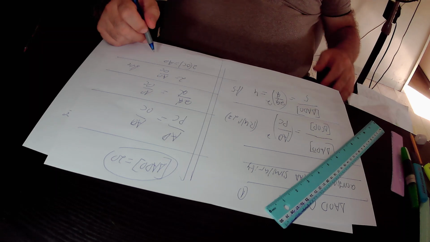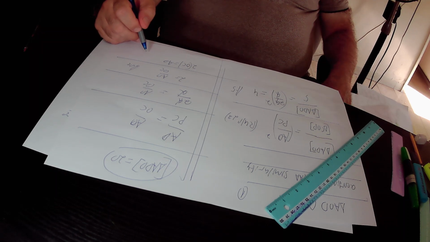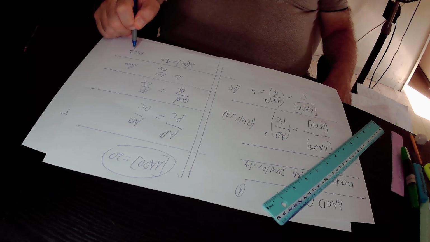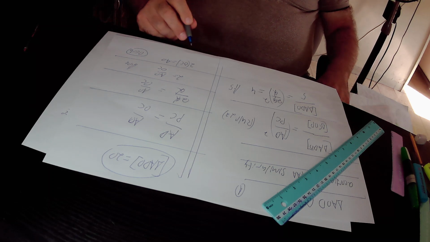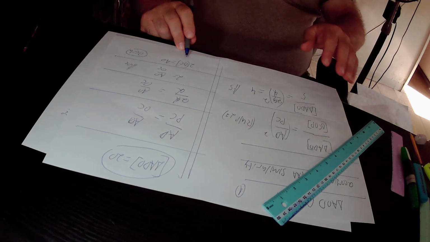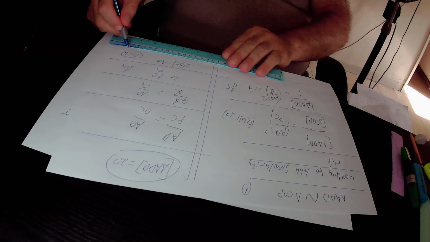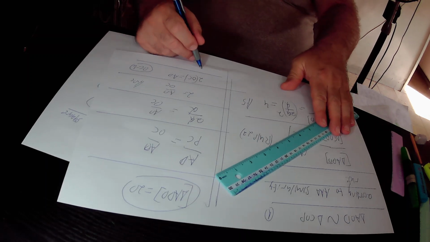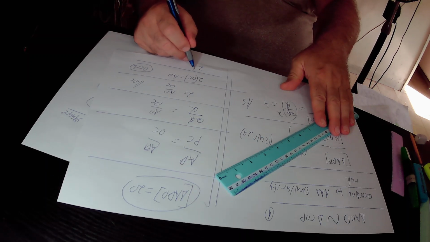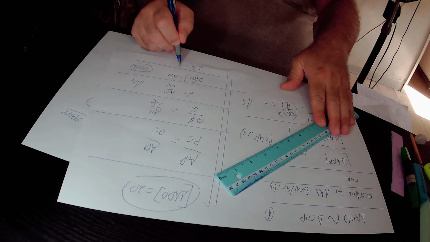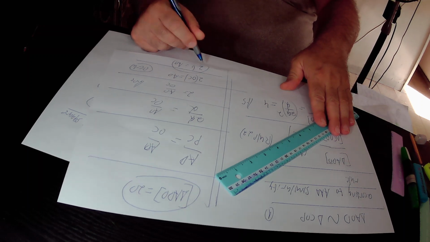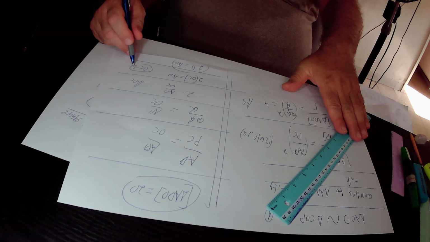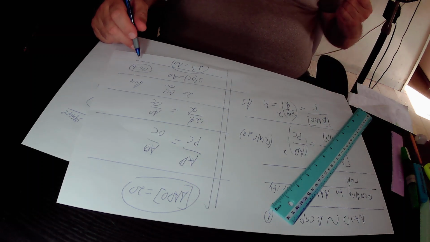If we define the length of line segment OC as B, we substitute OC by B in this equation. So it is 2 times OC, that is B, is equal to AO. So if we define OC as B, then AO is 2B.